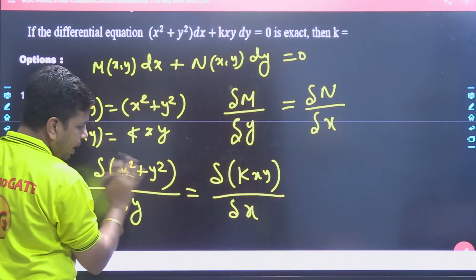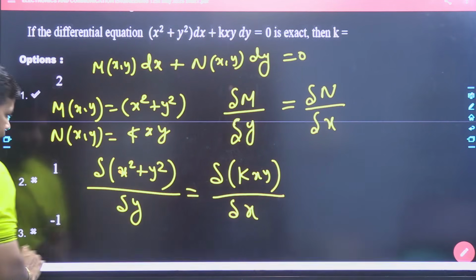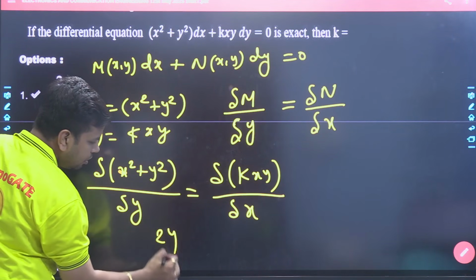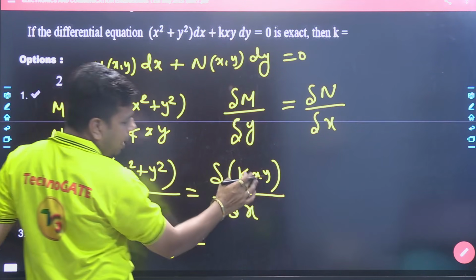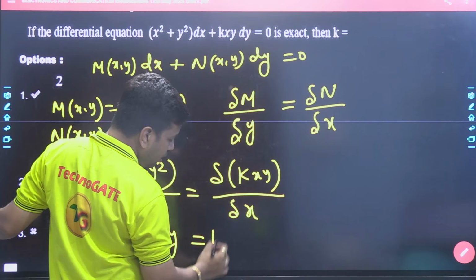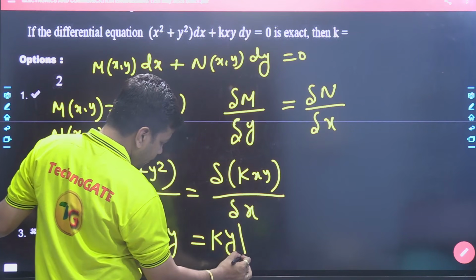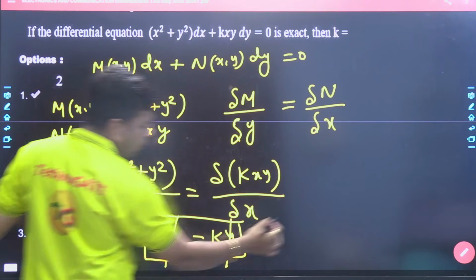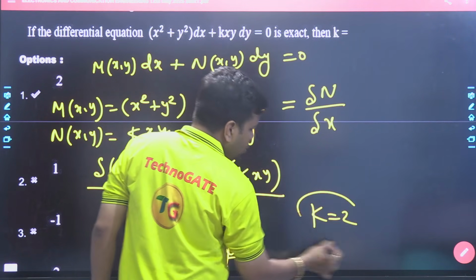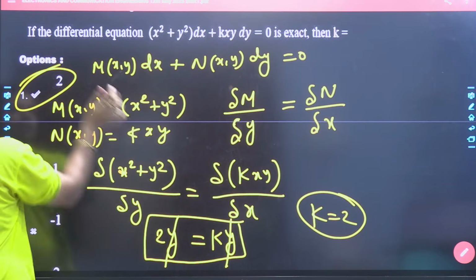So x square becomes 0 and y square becomes 2y, is equal to, now we need to differentiate that with respect to x. The differentiation of x is 1, so this is simply ky. So 2y equals ky. Can we cancel y with y? So the value of k is simply 2. You can go with answer 2, the first answer.